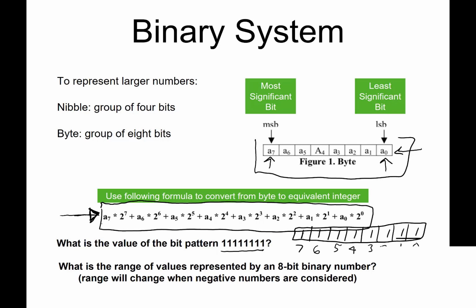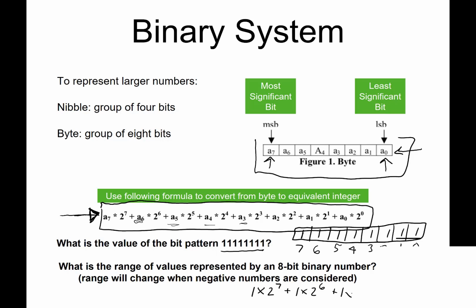So a7 is 1. So I have 1 times 2 to the 7th plus 1 times 2 to the 6th. All of these a's in this formula are going to be 1s because we have a 1 stored in every bit.